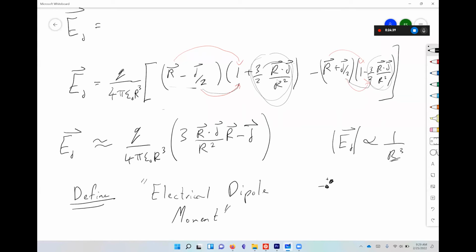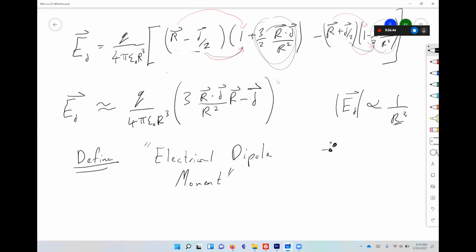Because we don't care about D. We don't know what D is. We don't want to worry about what D is. We want to define something that is akin to charge. This is something like charge. That's what our intention with it is. It is something like charge, only it has a direction.